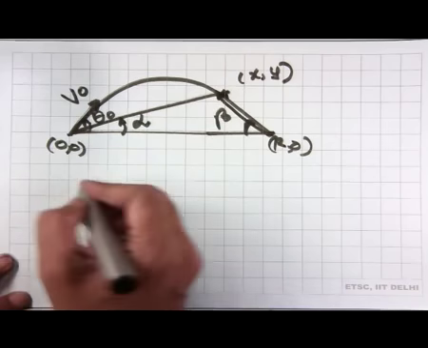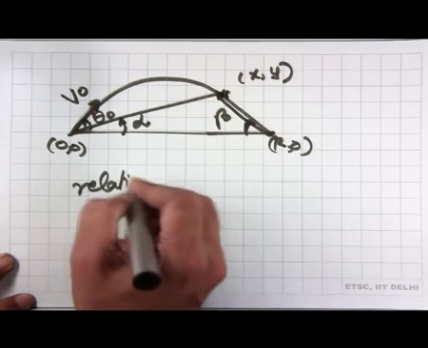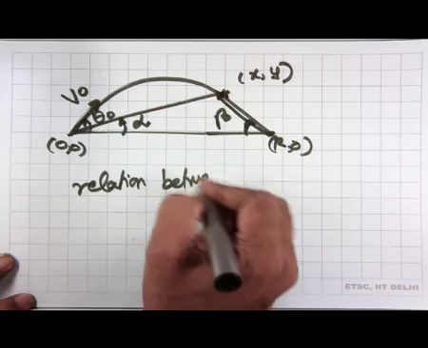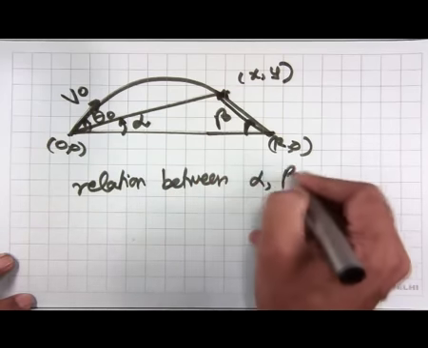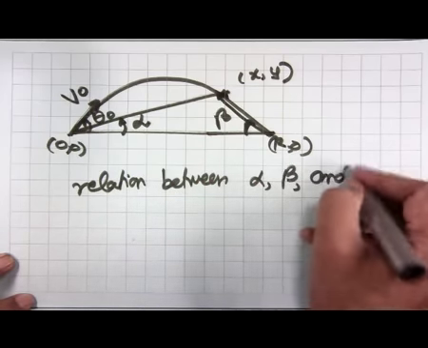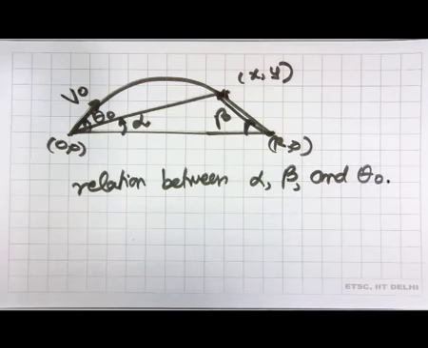And what we have to find is a relation between alpha, beta and theta 0.